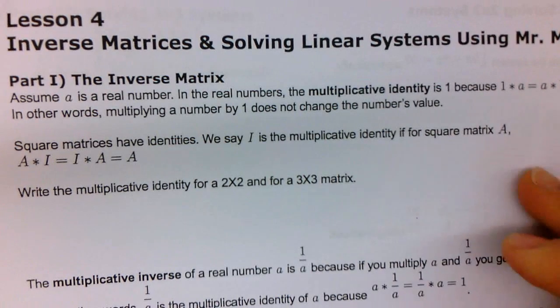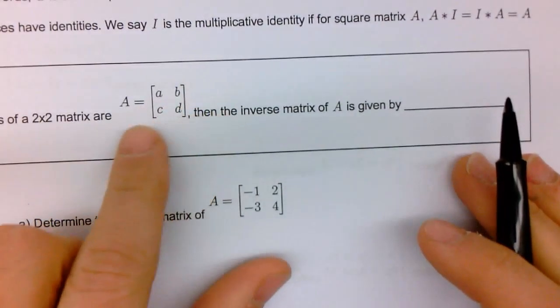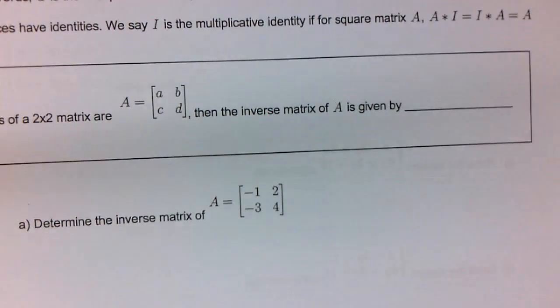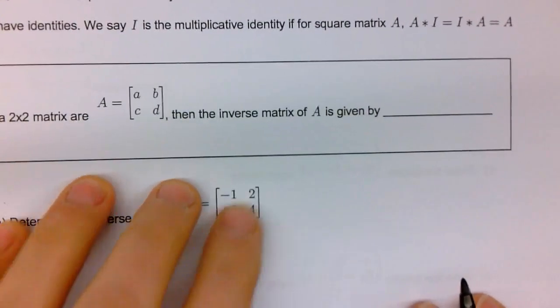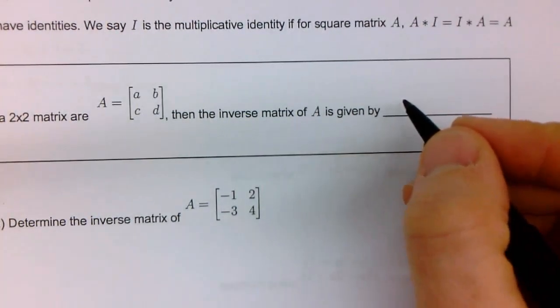Oh, no. So we're on lesson 4. Let's go ahead and fill in the formula that we just worked out. A is [[A, B], [C, D]]. And the inverse matrix of A is given by, see if you can write it down without looking at your notes.